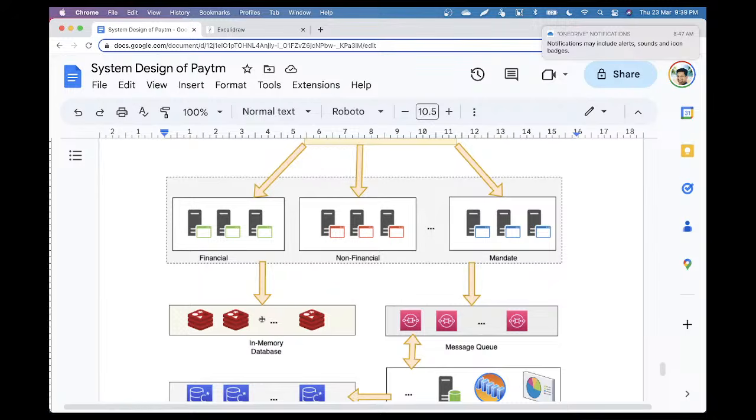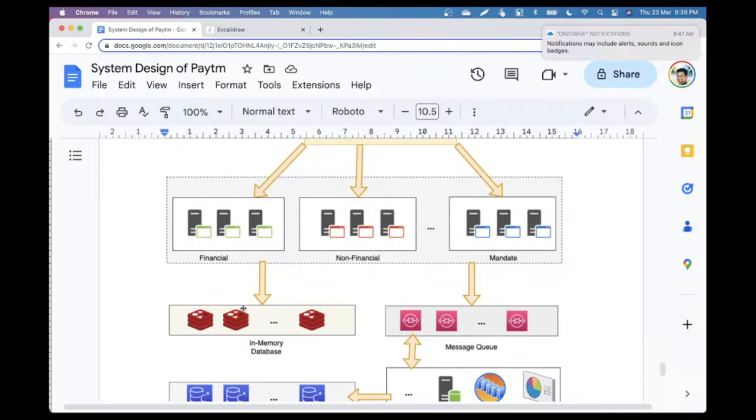You have, instead of a cache, an in-memory database, because writing to an in-memory database is faster than writing to hard disk. And when you have millions of transactions per day or thousands of transactions per second, an in-memory database can save and perform very well.